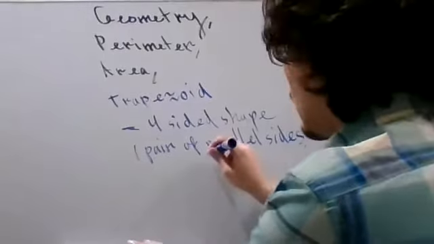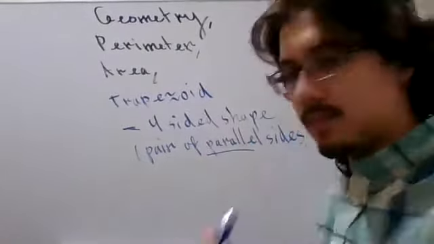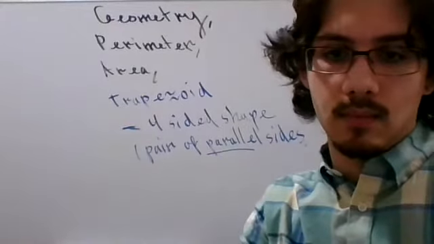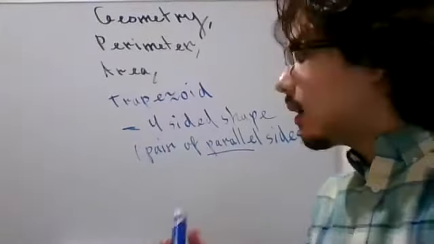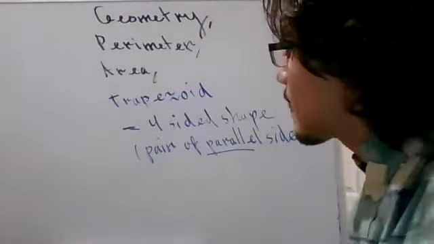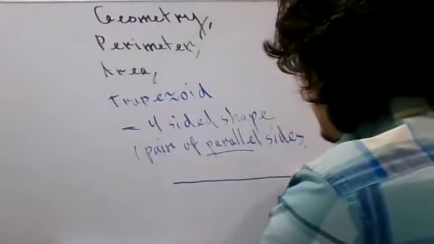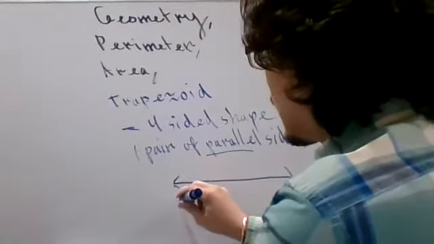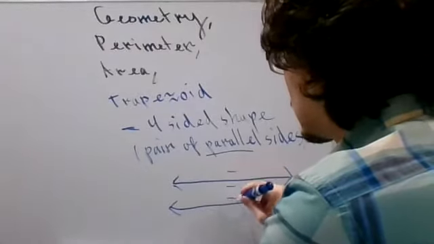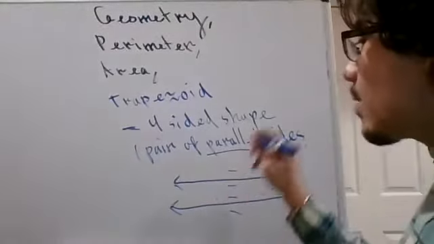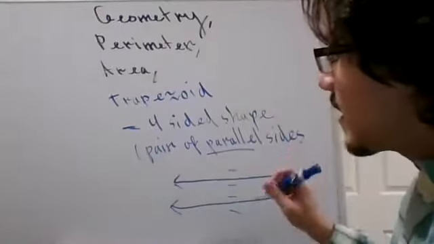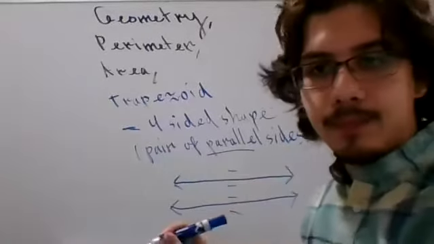Does anybody know what parallel means? Straight, sir. That's a good way of saying it. So parallel lines mean that if you had lines that went on forever, they would never touch each other, because let's say that one line is flat, the other line must be flat too.